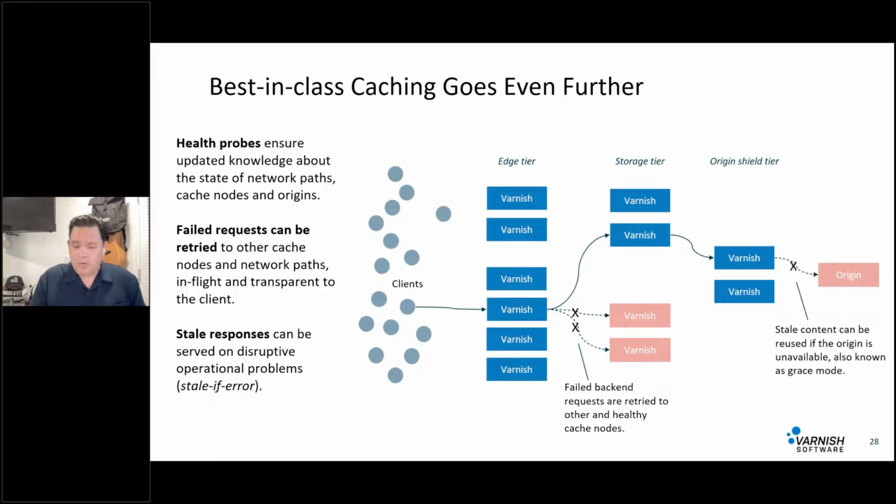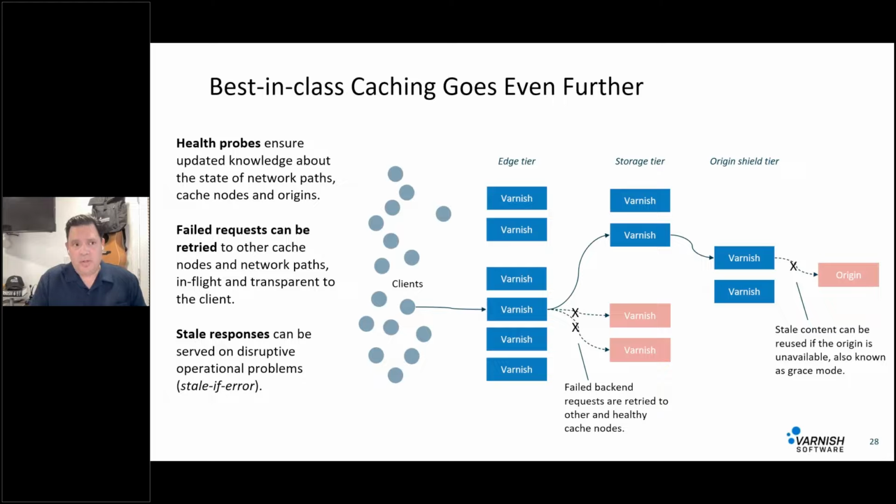If there is some form of disruption and the application can't connect to the origin, in a lot of instances, if the content that the user is trying to reach is cached, then even if the origin is down, that content can still be delivered. That process can still happen. And you can see cache can also be used to improve resilience. So if there are failed requests, you can retry. And again, this is just scratching the surface of what cache can do.